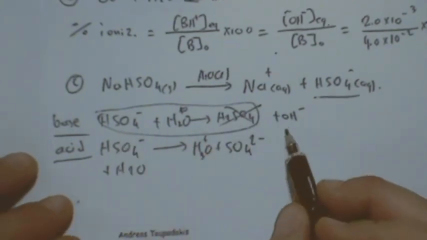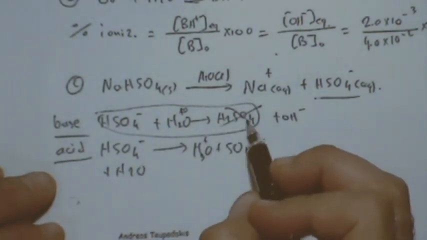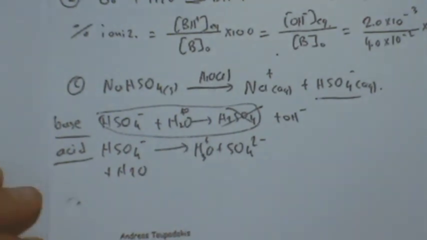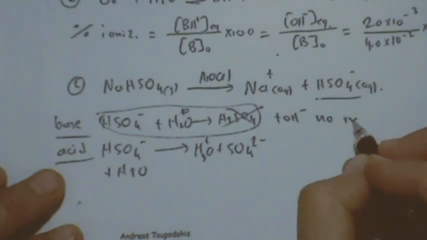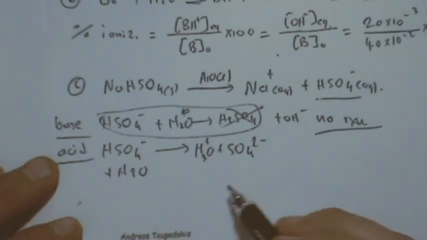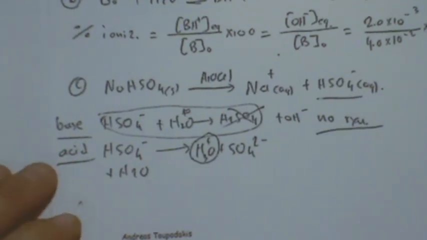So this is not possible. Why? Because it creates sulfuric acid. Sulfuric acid is a strong acid, right? When you have a strong acid, the conjugate base is weak, so it cannot pick up a proton from water and give you this. Can you see that? So this reaction is not possible. But this reaction is possible. So what does that create? Hydrogen ions. What does it mean? That sodium hydrogen sulfate is what? Acidic. So if you put it there, what will happen to the pH? It's going to go down. Can you see how you do it?